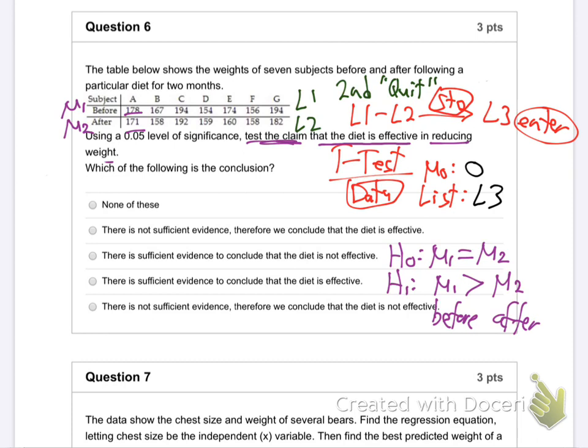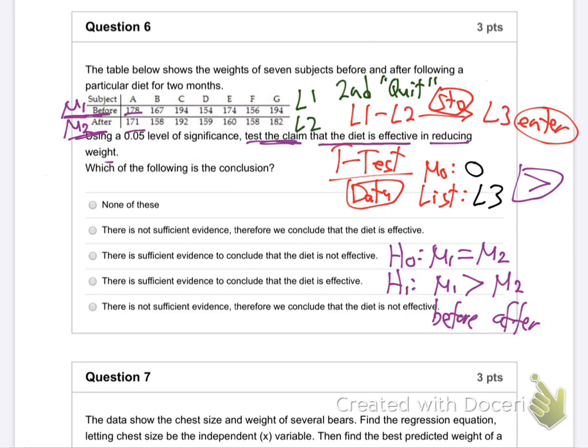What it would mean for the diet to be effective? The before is greater than the after, huh? Is that good? So just getting that out of the words of what it would mean for a diet to be effective. It would mean the before weight, the mu1, is greater than the after weight. mu1 greater than mu2.